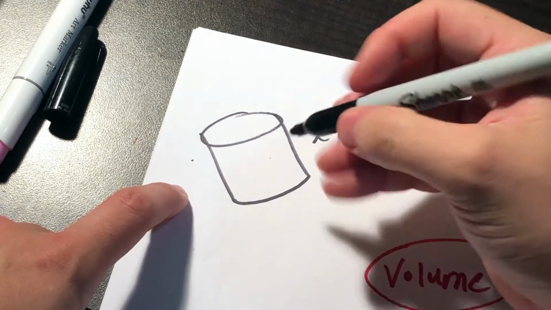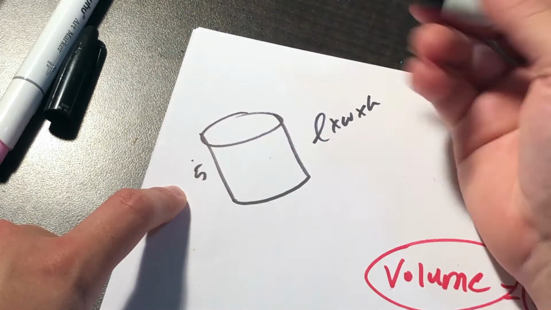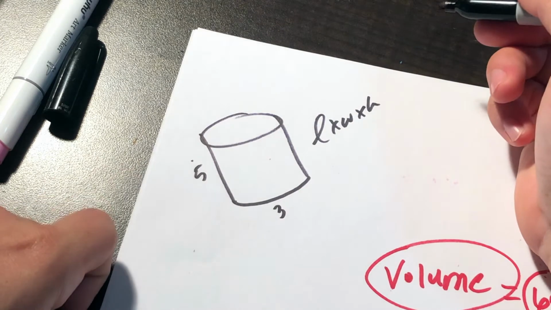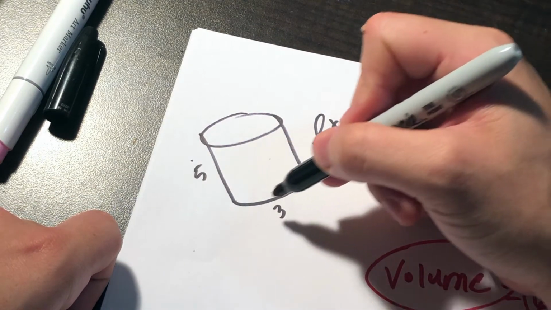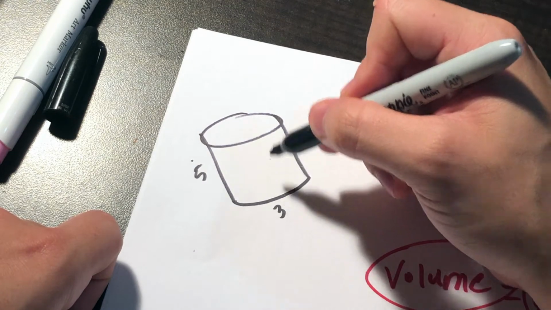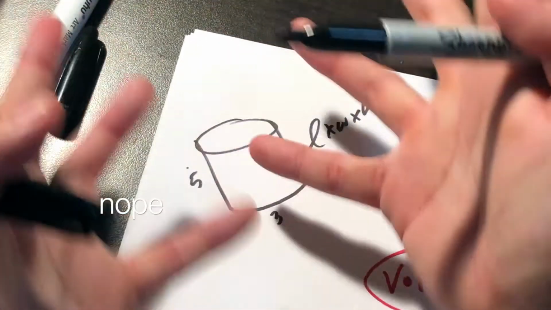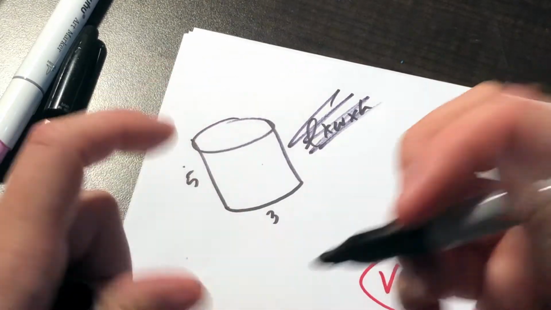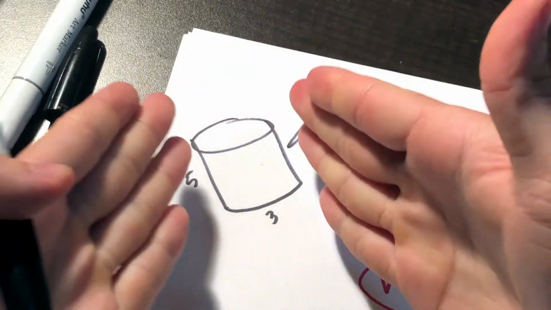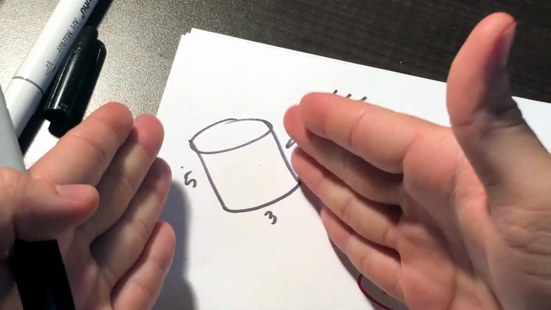What's the length of this? If I said this was 5 and this was 3, okay, cool, that's the height. I think that's the length. How would I find the width of this? What do I do? Exactly. Because this formula is not very clear about how to find the volume of a shape like this.